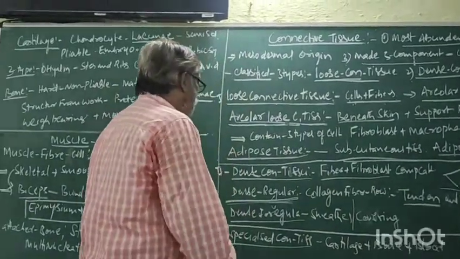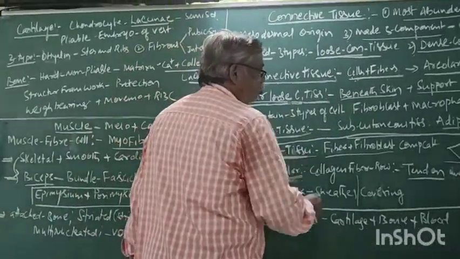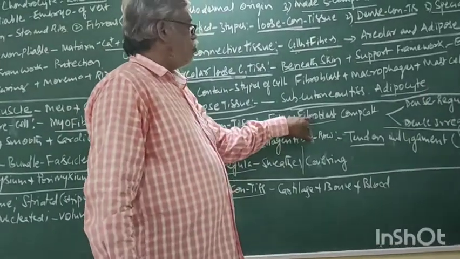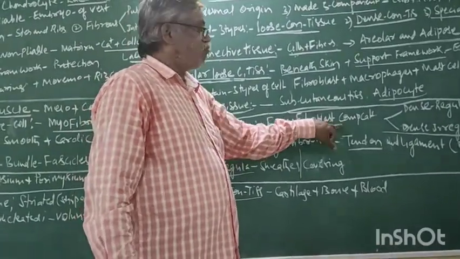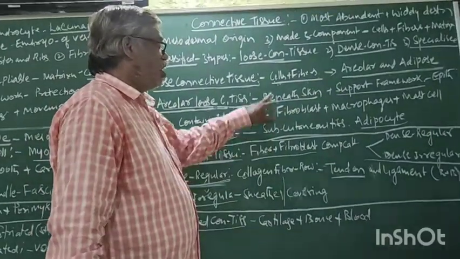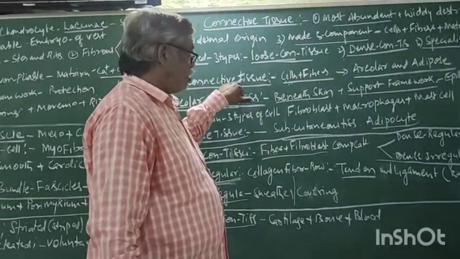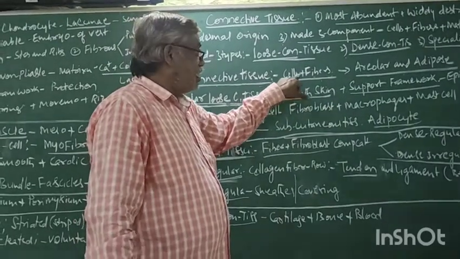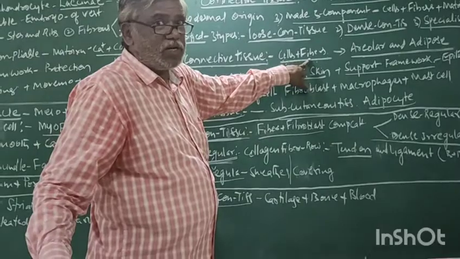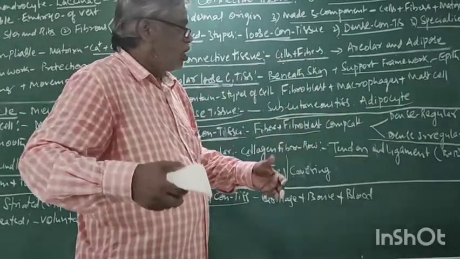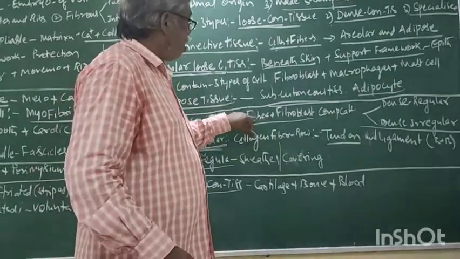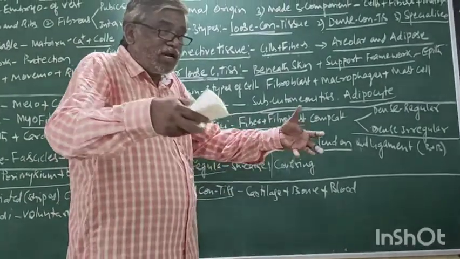Now come to the densely fibrous tissue. Fibroblasts are compact and more than the matrix. In loose connective tissue, cells and fibers are fewer than the matrix. The matrix is more. Here the matrix is less, but fibers and fibroblasts are more and compact.